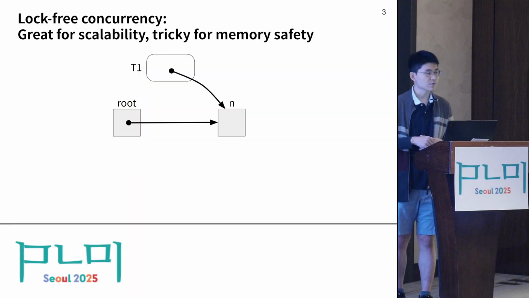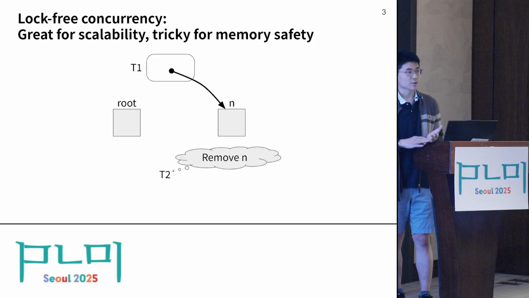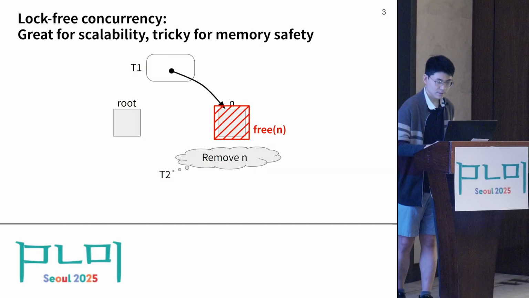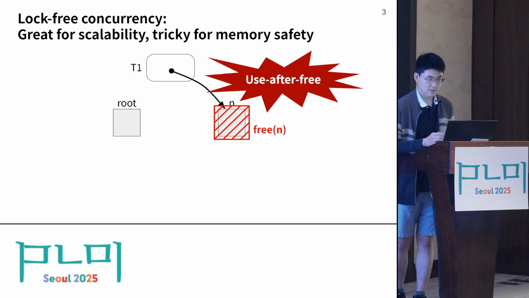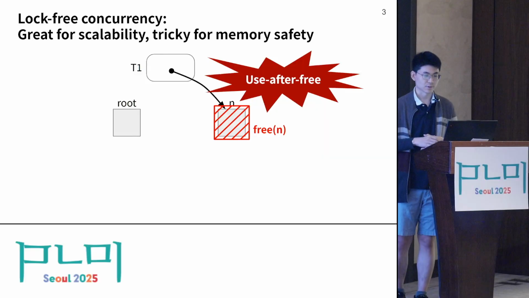Suppose thread 1 is reading the node n. But at the same time, another thread concurrently removes that node from the data structure and frees its memory. Now, when thread 1 tries to access n, the program will crash due to the use-after-free error.